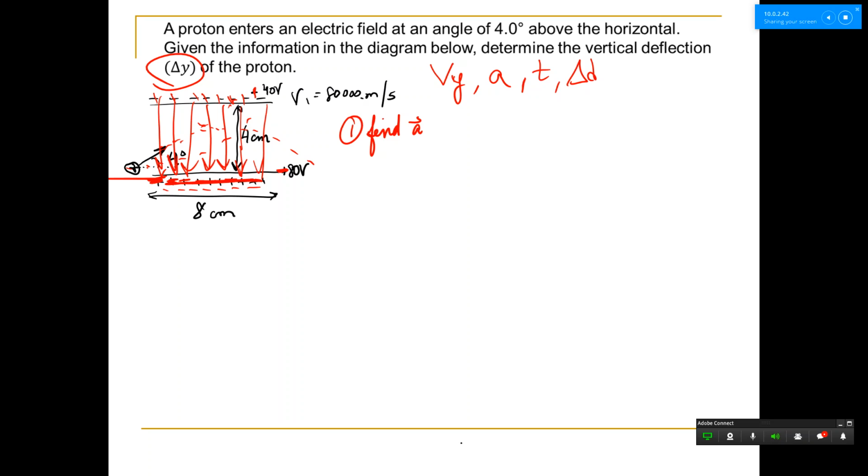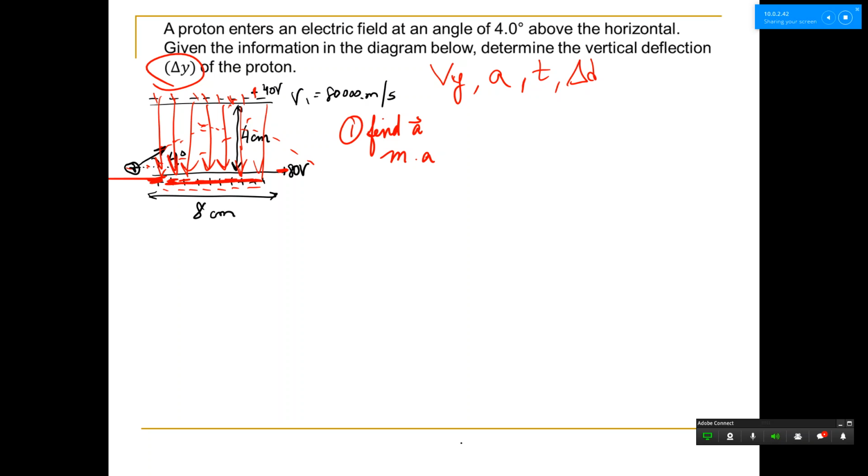Automatically, when you're talking about physics and acceleration, first thing you should think of is mass times acceleration. There's where you're going to get your acceleration from. What's causing this acceleration? Which force is causing this acceleration? Electrostatic force, exactly.